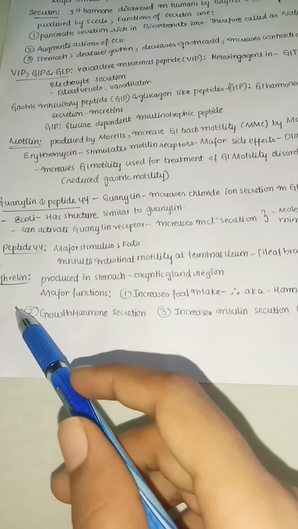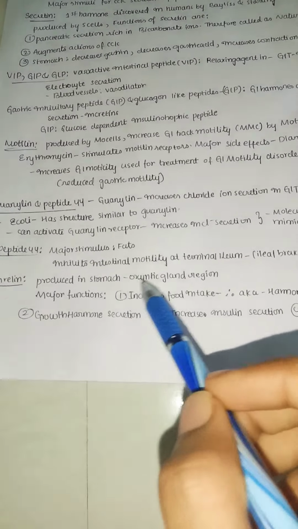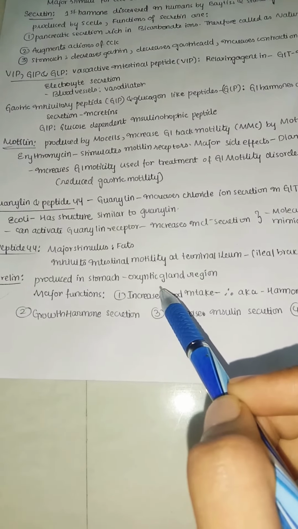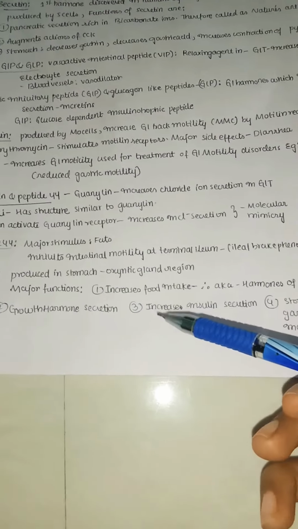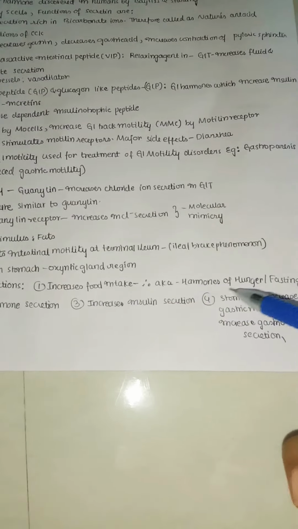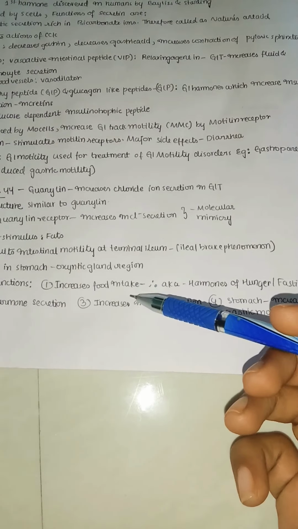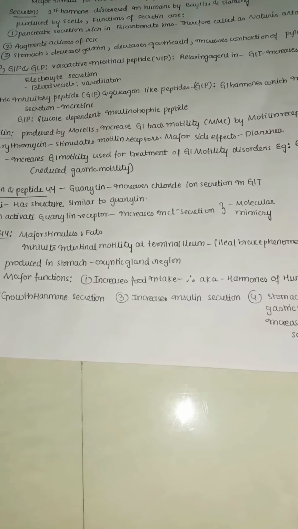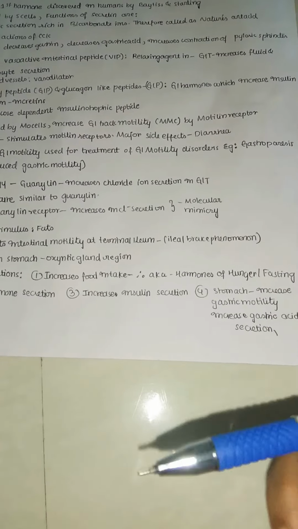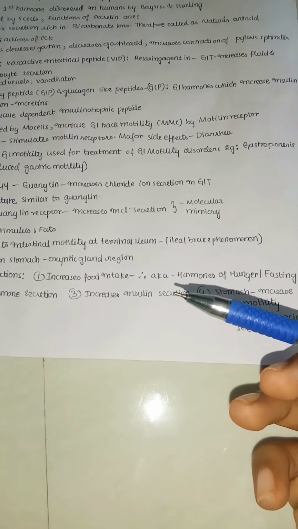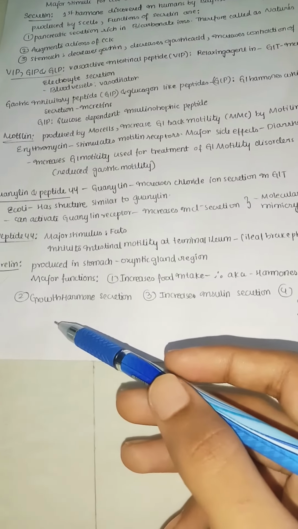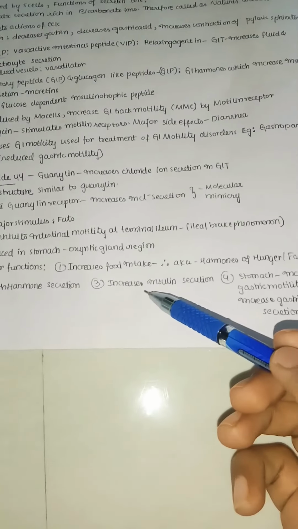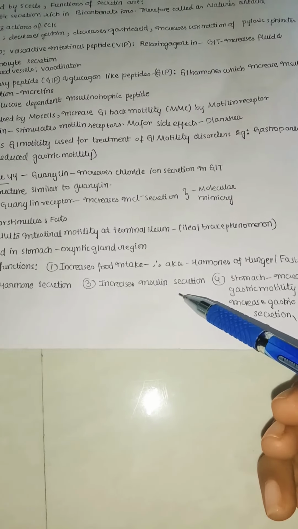Next, coming to ghrelin. Ghrelin is produced in the stomach, in the oxyntic gland region, and the major function of ghrelin is to increase food intake. It is also called the hormone of hunger. Especially when you are fasting for a longer time, you will have more ghrelin, of course, because you are fasting, so more hunger. It also leads to growth hormone secretion and increased insulin secretion.